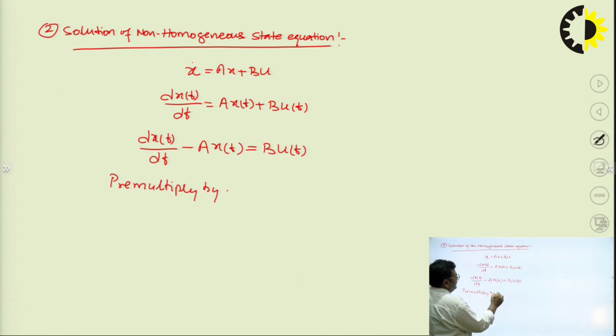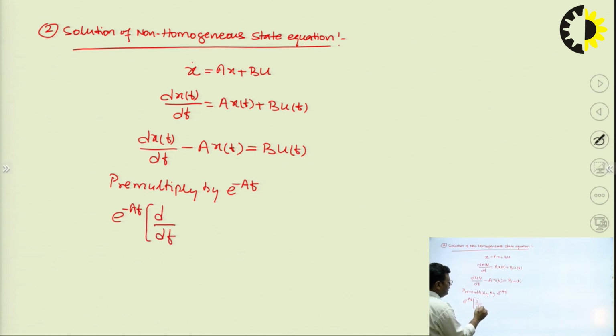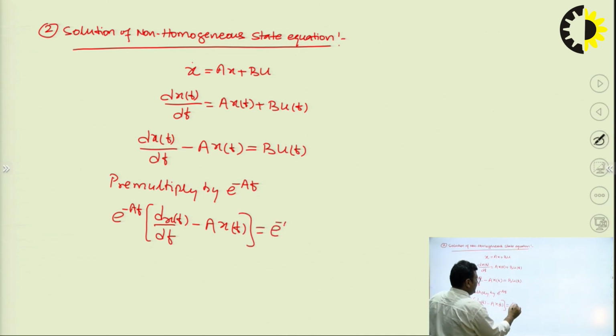If I pre-multiply, then I can write it as e to the power minus At into the derivative of x(t) with respect to t minus A x(t) is equal to e to the power minus At B u(t).